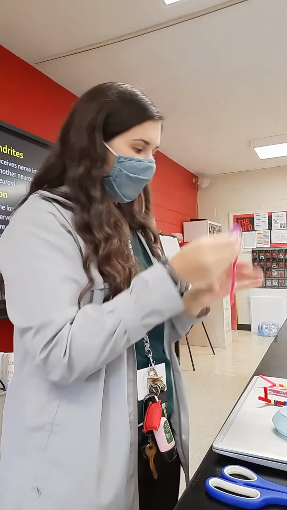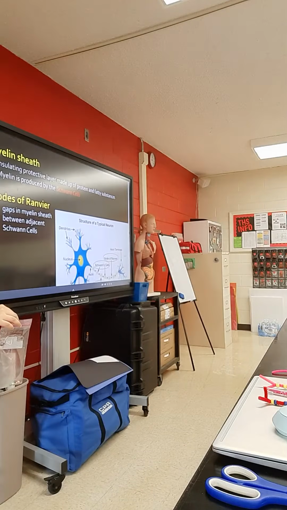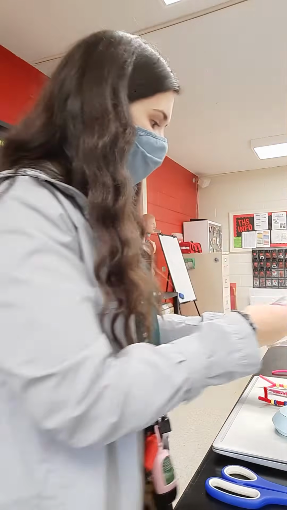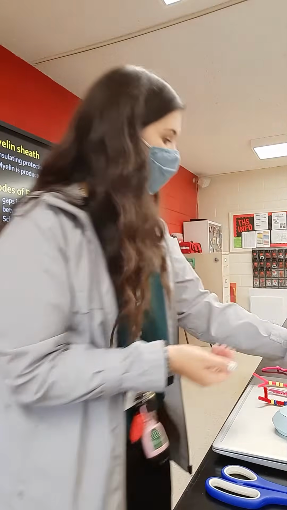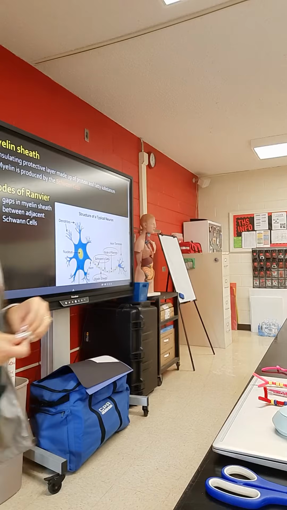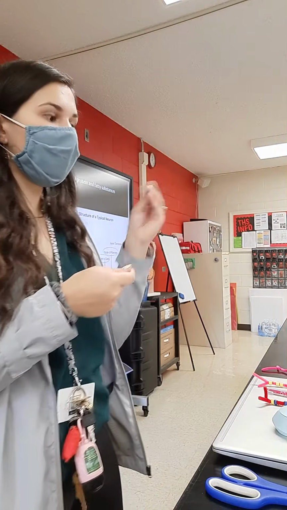Perfect. Okay, now you're going to take these beads in your bag, and that is going to represent this myelin sheath. Okay, your myelin sheath are basically little insulating layers that wrap around the axon, and they help to protect it, okay? So they're made of fatty proteins and things, and they wrap around your axon.